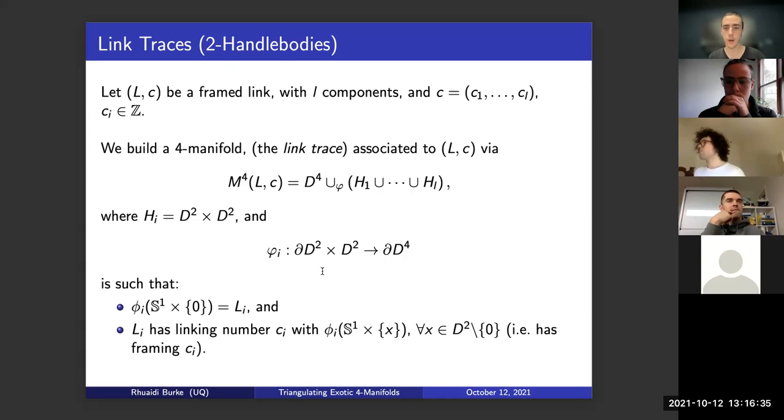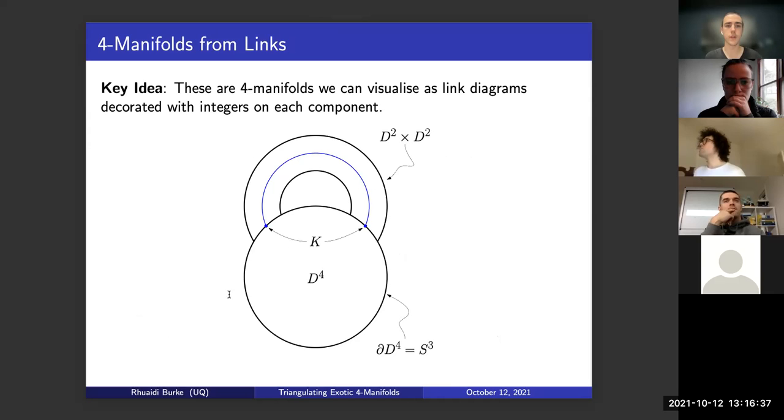If this is a bit hard to visualize, the idea is that we've got D^4, and we stick on another copy of D^4, topologically. On the core, we've got a knot or a link, and in a neighborhood of that knot or link component, it's twisting around according to the framing of our framed link.